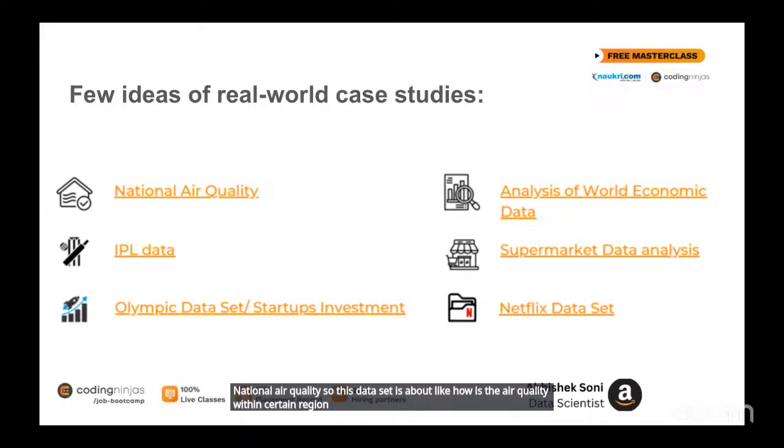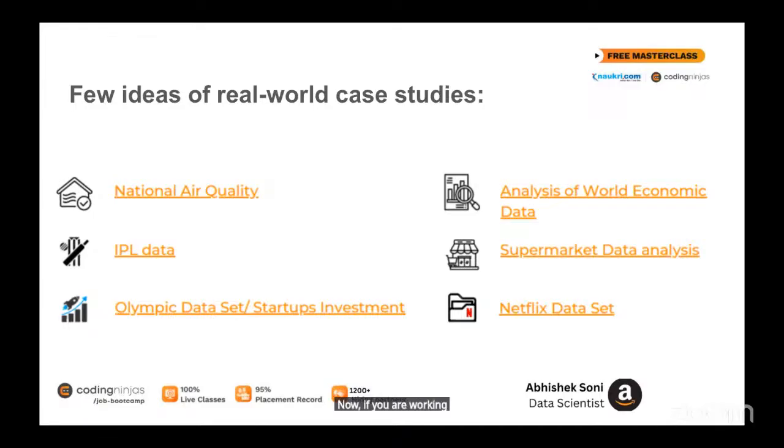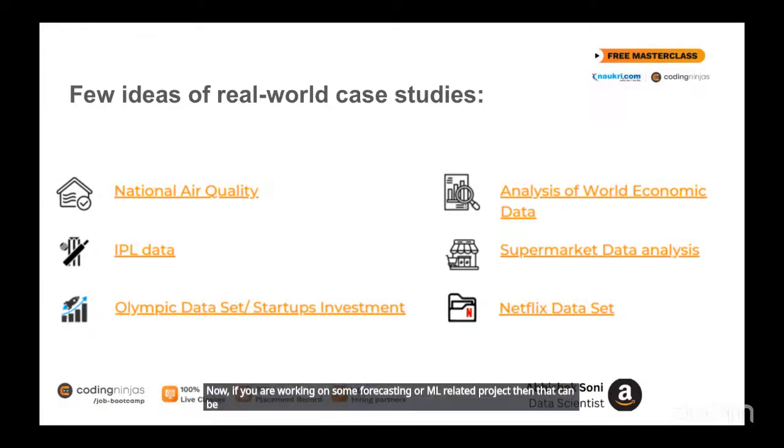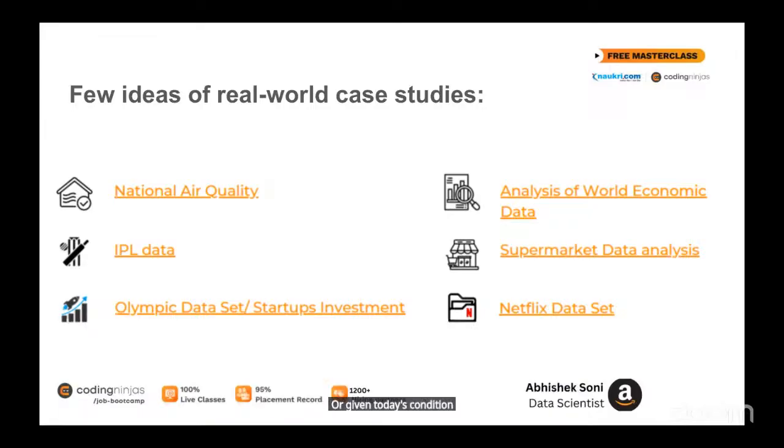So let's talk about Delhi. In Delhi, what is the temperature? What is the wind speed? What is the air quality? Now, if you are working on some forecasting or ML related project, then that can be developed using this data set, because, for example, you can predict what the air quality will be for the next 5 days given today's data or today's conditions. So that can be built.